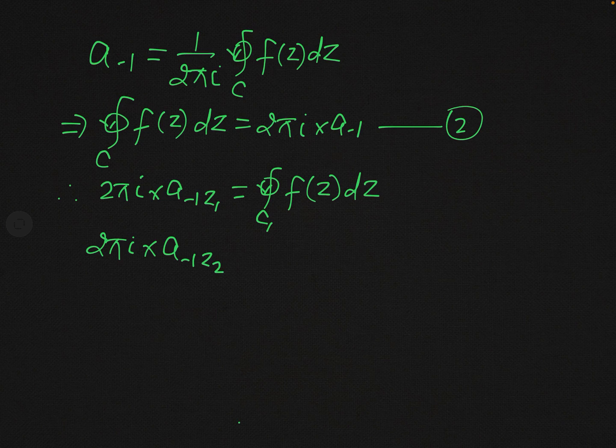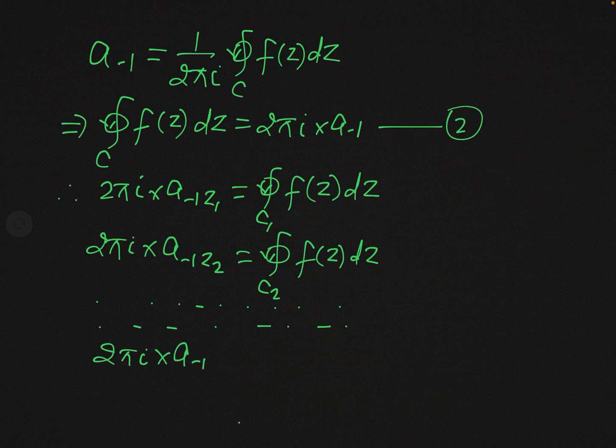This is written as a minus 1 at z2, and this will be equal to integral along C2 f of z dz. And in this manner you can write 2 pi i into a minus 1 at z equal to zn. This will be integral along Cn f of z dz.